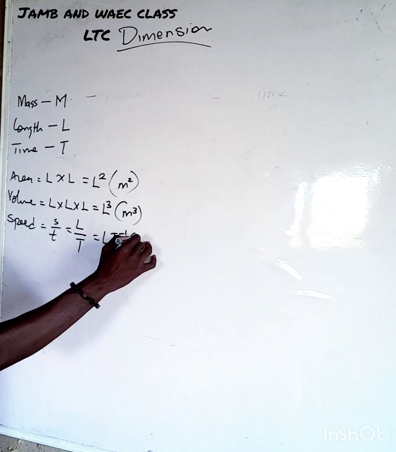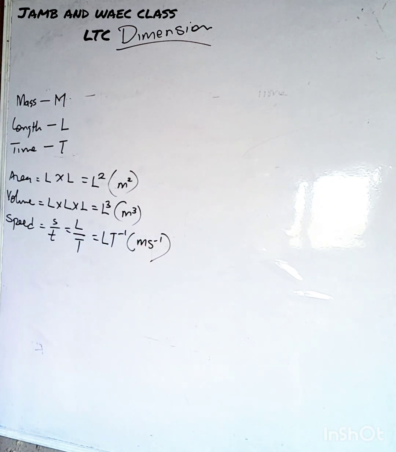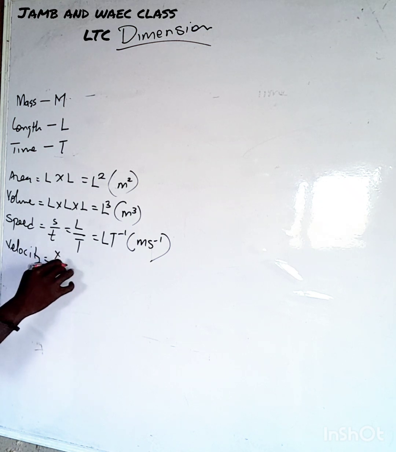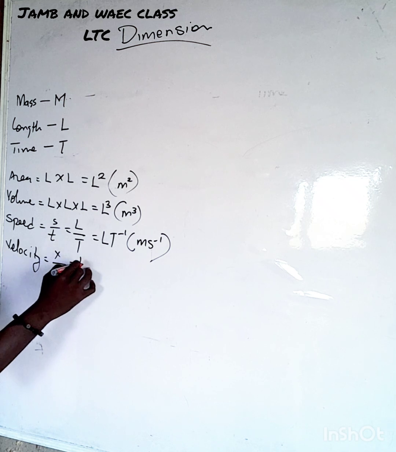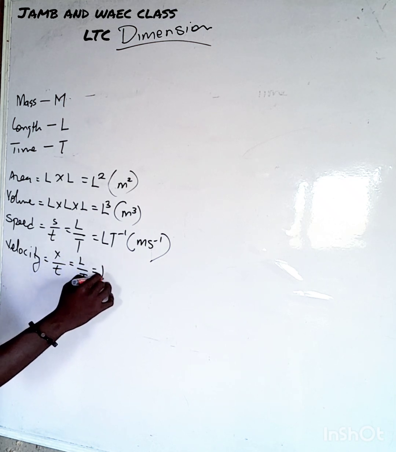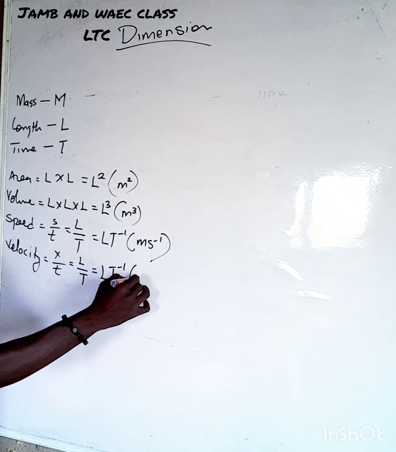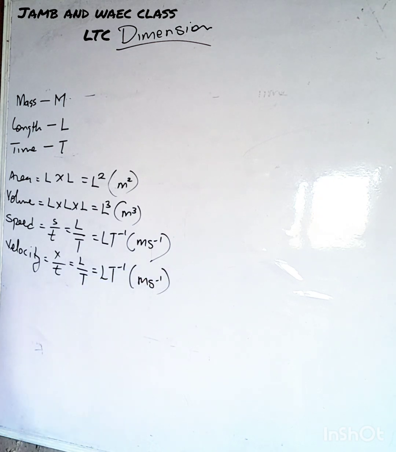That is why the unit is meter per seconds, you can write it M/S. Exactly. If you have velocity, which is displacement over time, and because it has distance in it, we have L over T, which is L per T, also given in meter per seconds.